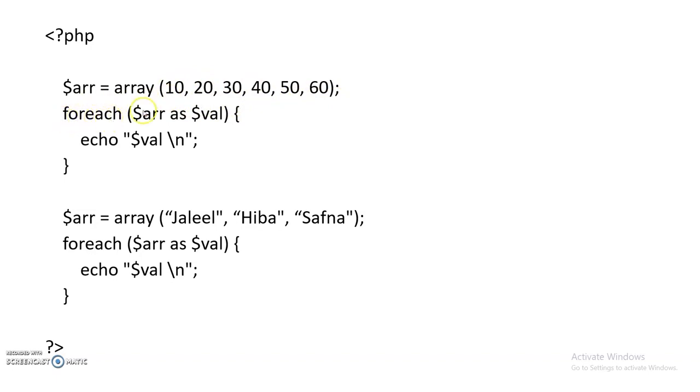Here, foreach $array, this is the array name that we used, as val, this is the variable name that we used to assign the values from the array. First, the value of this variable val will be 10, and after this statement it will automatically move the array index to the next position, that is, it will be 20.